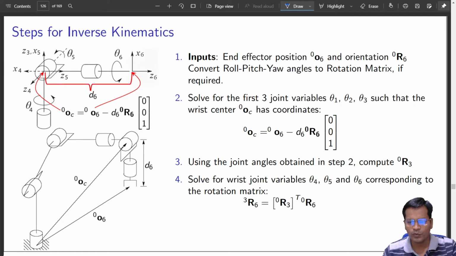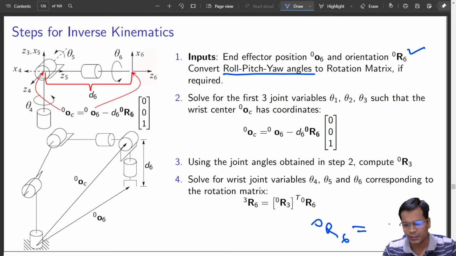Moving ahead, now you already know 0R6. 0R6 was given as an input because you know the end effector orientation by roll pitch yaw angles. So 0R6 is known. 0R6 is nothing but 0R3 and 3R6, is it not? So that also can be split.